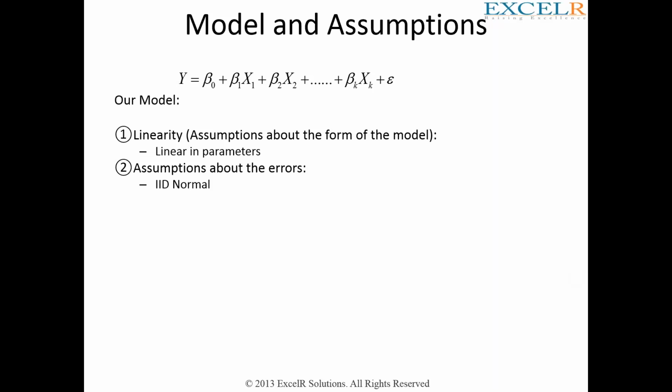What if your errors do not have a constant variance? What do you call that problem? If errors have constant variance, you call that homoscedasticity. What if errors do not have constant variance? Heteroscedasticity.